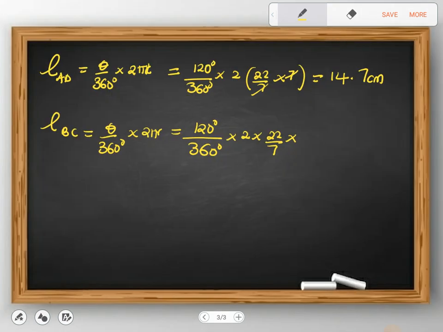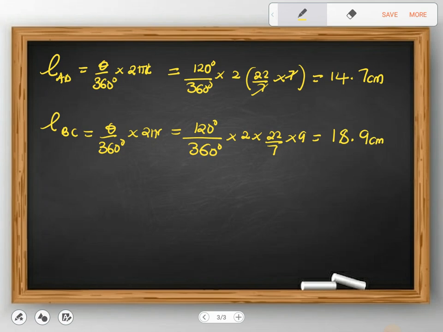Then we punch on the calculator: 120 multiplied by 44 multiplied by 9, divided by 7, divided by 360. It's giving me 18.9 centimeters, to 1 decimal place.